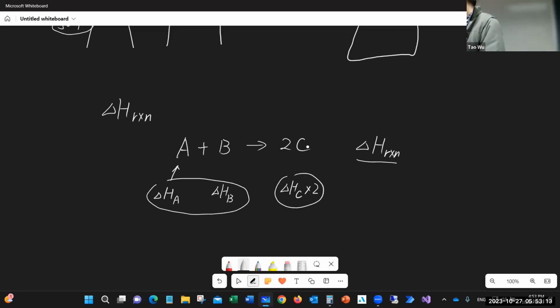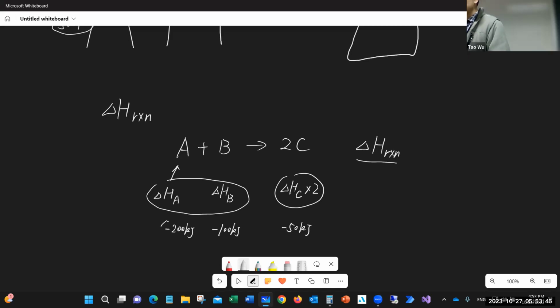That makes sense, right? For example, A has negative 200 kilojoule of heat. A contains that much heat. B contains negative 100 kilojoule of the heat. And if we form C, C needs maybe negative 50 kilojoule of heat.